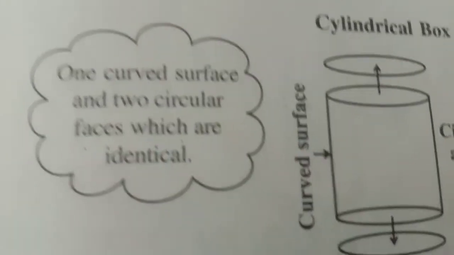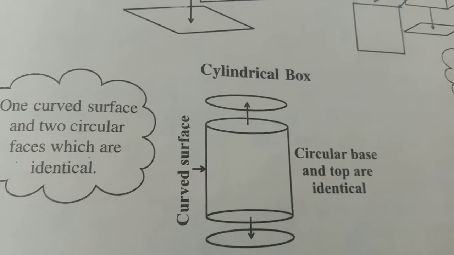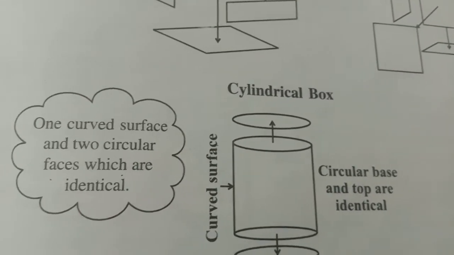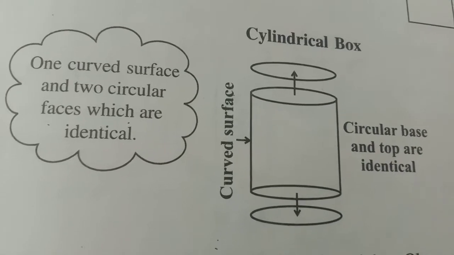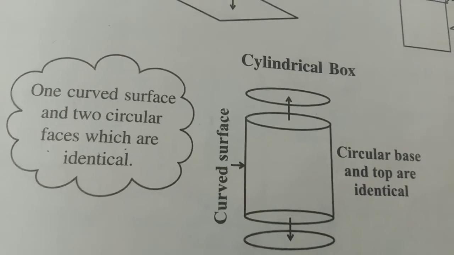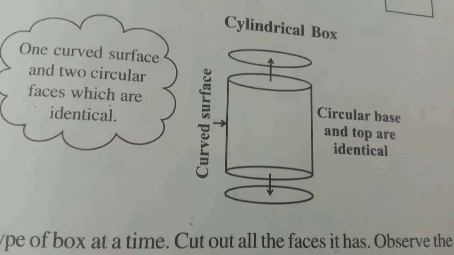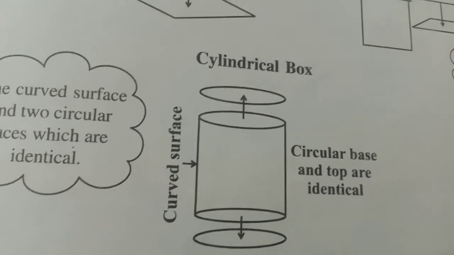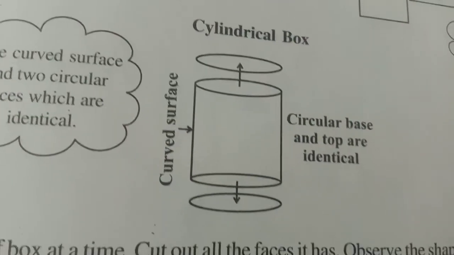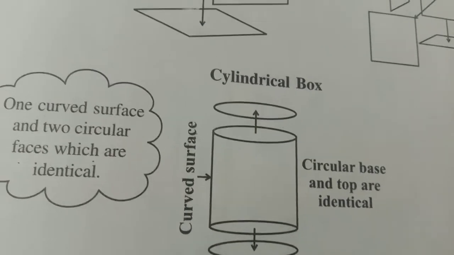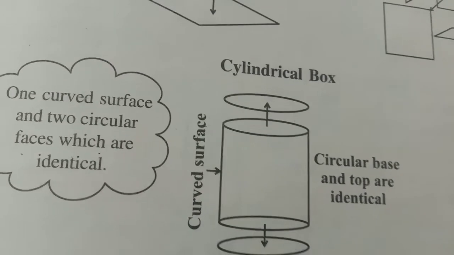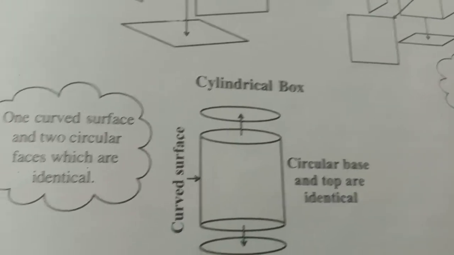Now you see here we have a cylindrical box. There is one curved surface and two circular faces which are identical, meaning they have the same area. Top and bottom both are circular bases, identical to each other, and then there is the curved surface. When we open that curved surface, we get it in the form of a rectangle.